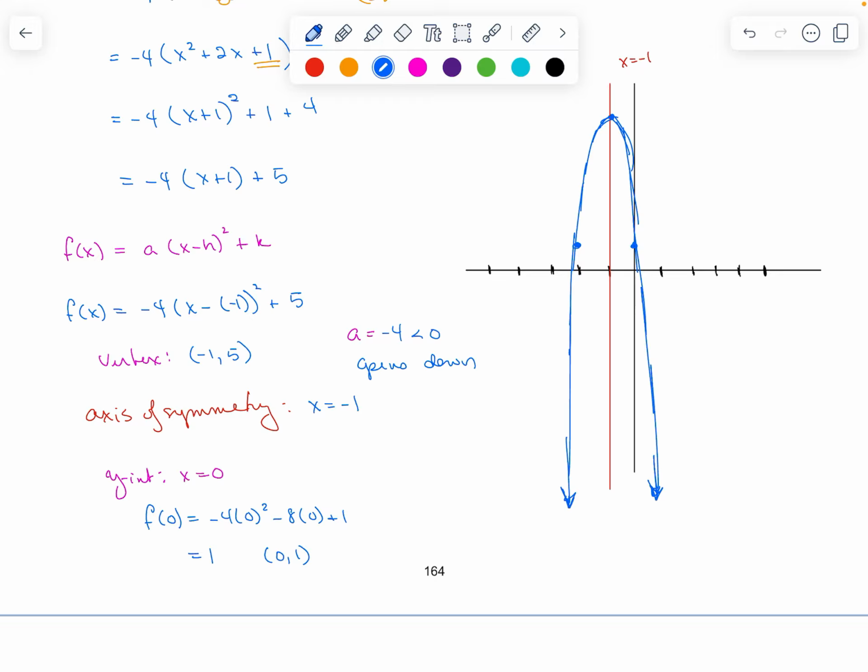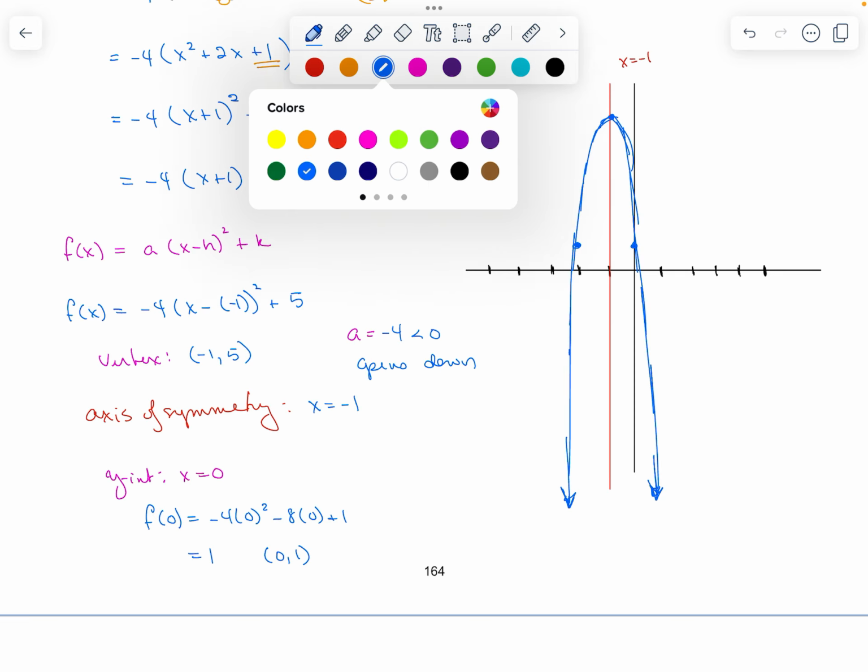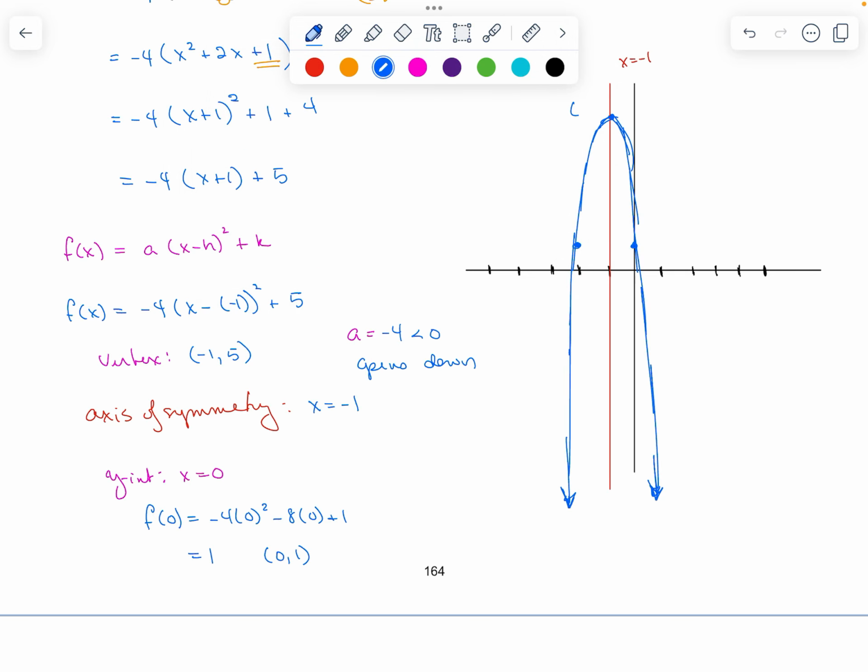It's another thing we have to remember. Once we have all those things, we can go ahead and label. So this is negative 1, 5. Then we have 0, 1. That means on the other side, 1 away is negative 2, 1. And we're done.